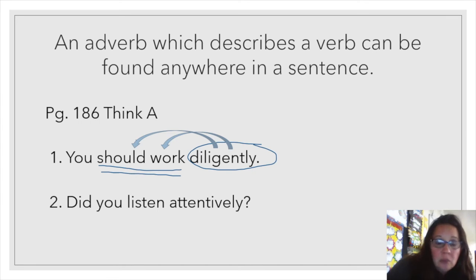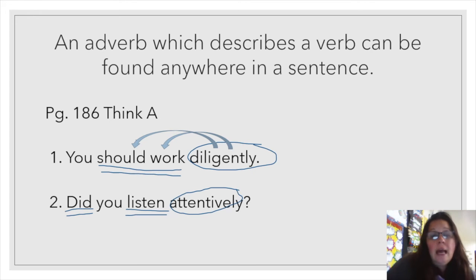Now let's look at number 2. You will see it's a question, so unfortunately the verb is separated by the subject. Your adverb is attentively, and your verbs are did listen. Now, how did they listen? They listened attentively. Okay, and it needs to go to listen, and then you need to do it again to did. Okay, don't forget, there should be multiple neat arrows.